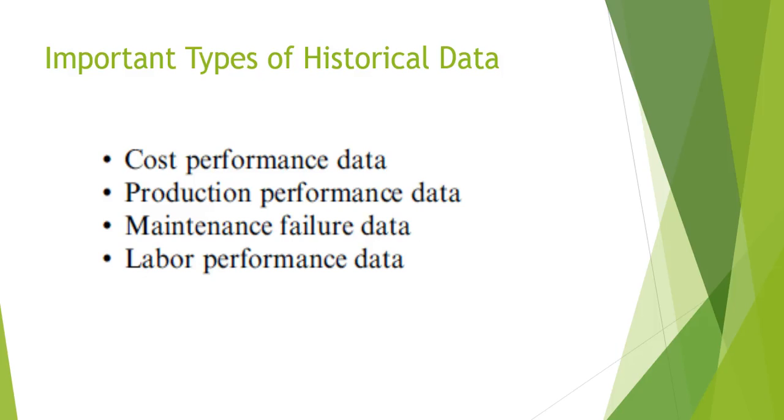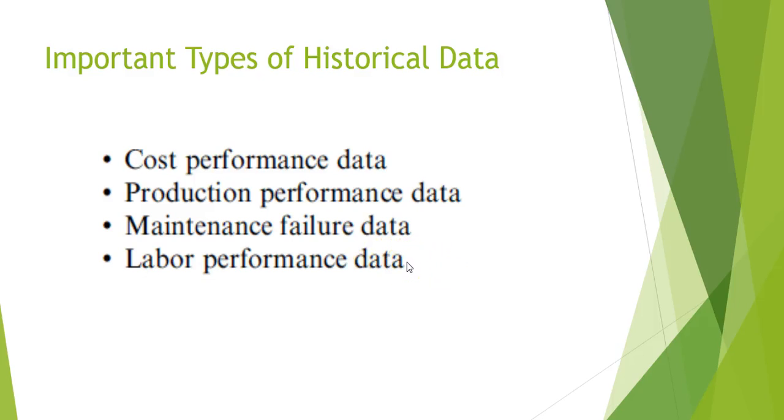We need data on maintenance failures, so that we can predict how equipment will operate and account for that in the performance curves or the probability distribution curves for the equipment. And then we want labor performance data. How do people work? Just like the machines and all the other activities.